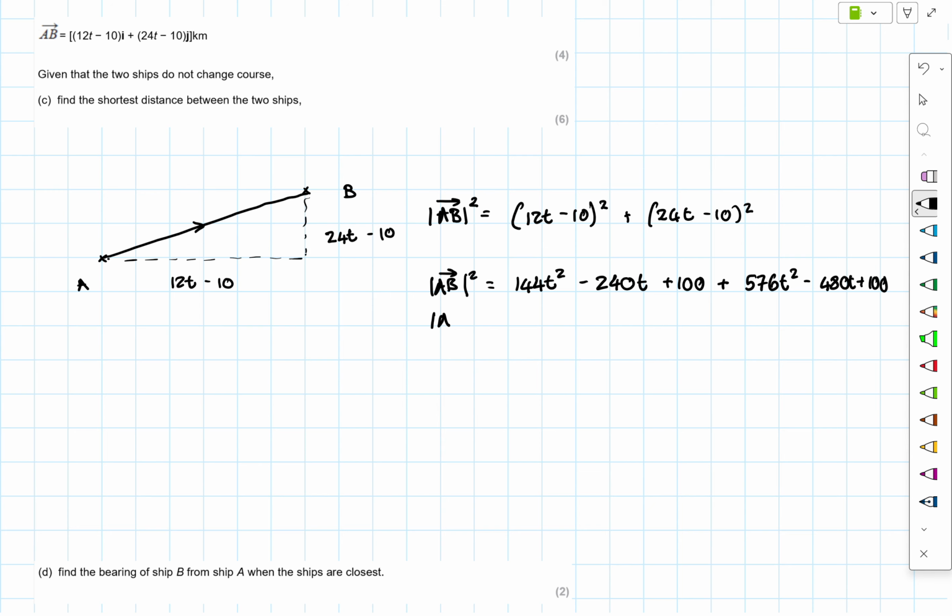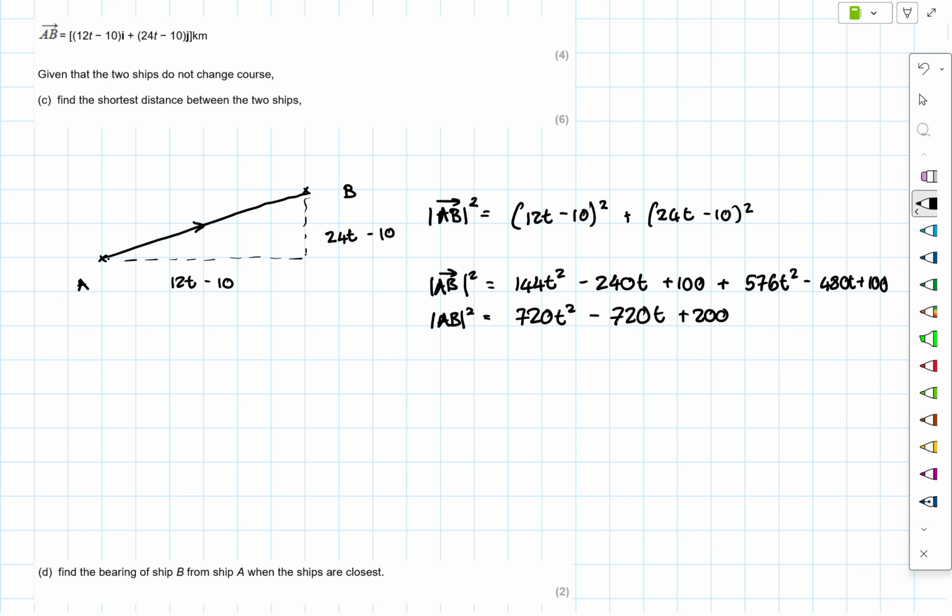And if I add all of this up, I get 720t squared minus 720t plus 200. Okay, so this is my expression for the distance.